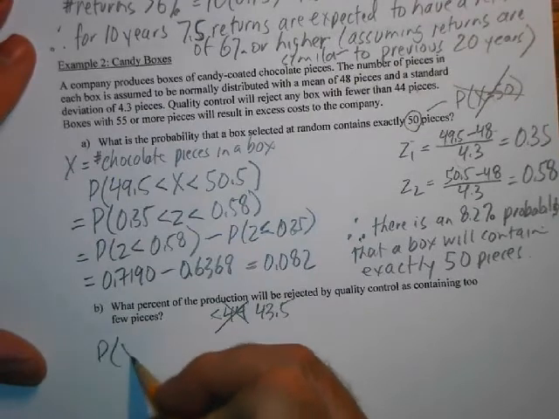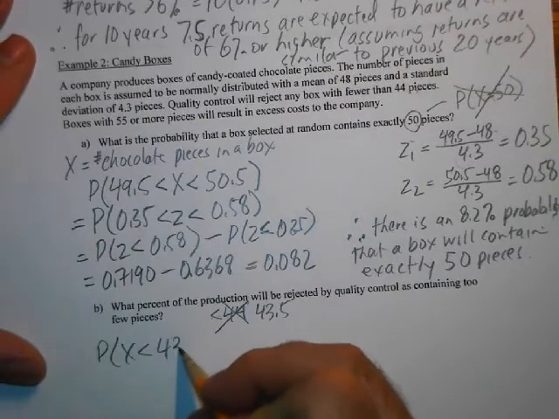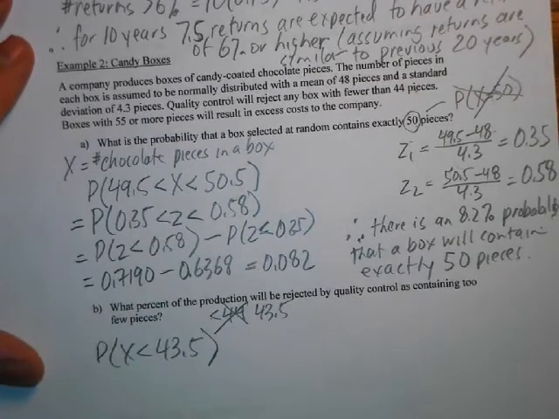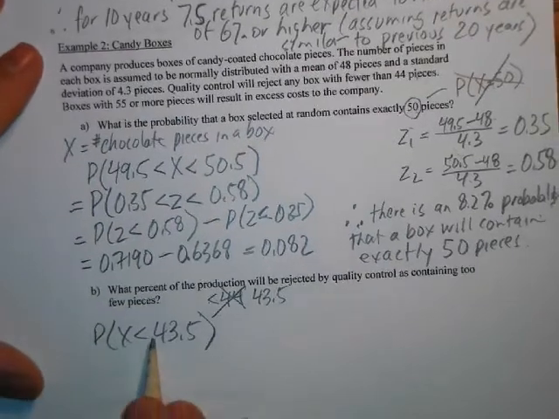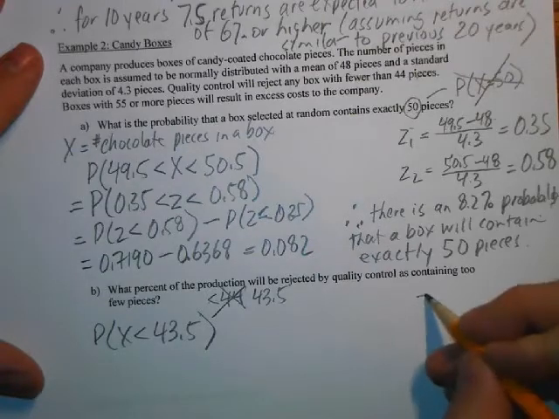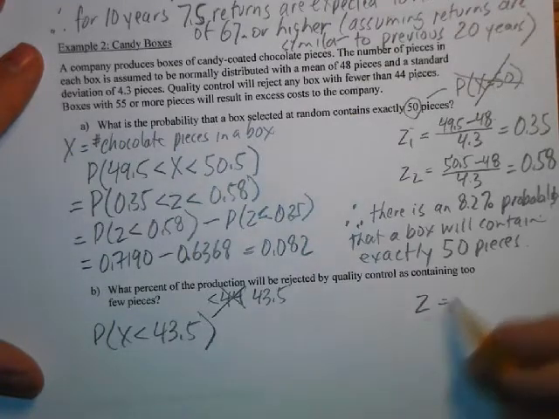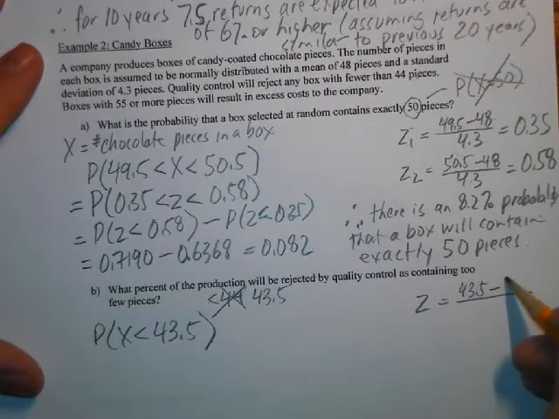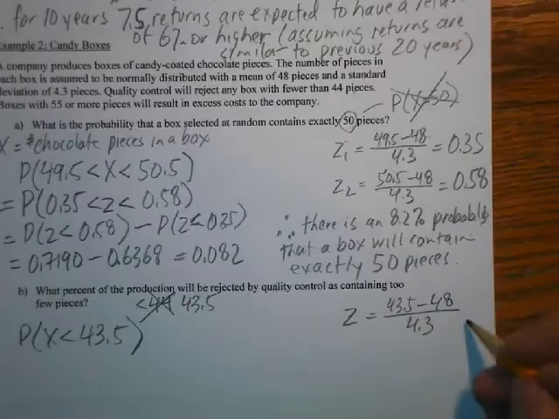So probability x is less than 43.5 would give us the probability of fewer than 44 pieces in a box. So this one's a little easier. There's only one lookup, only one z-score to convert. So let's do that here. So I'm going to convert 43.5. I subtract 48, divide by 4.3, the standard deviation.